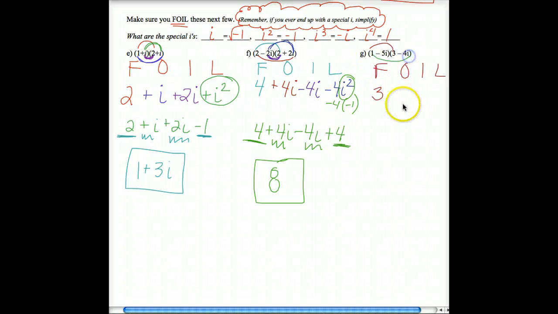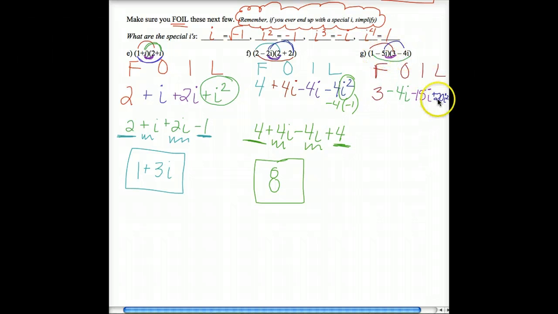Outsides, 1 times negative 4i is negative 4i. Insides, negative 5i times 3 is negative 15i. And then finally, my last, negative 5i times negative 4i, I have to write small here, is positive 20i squared.